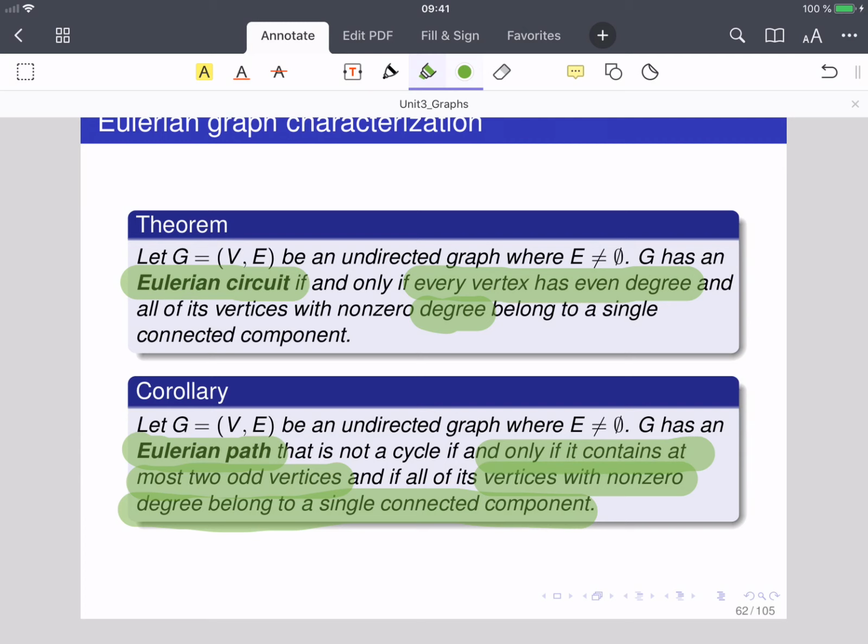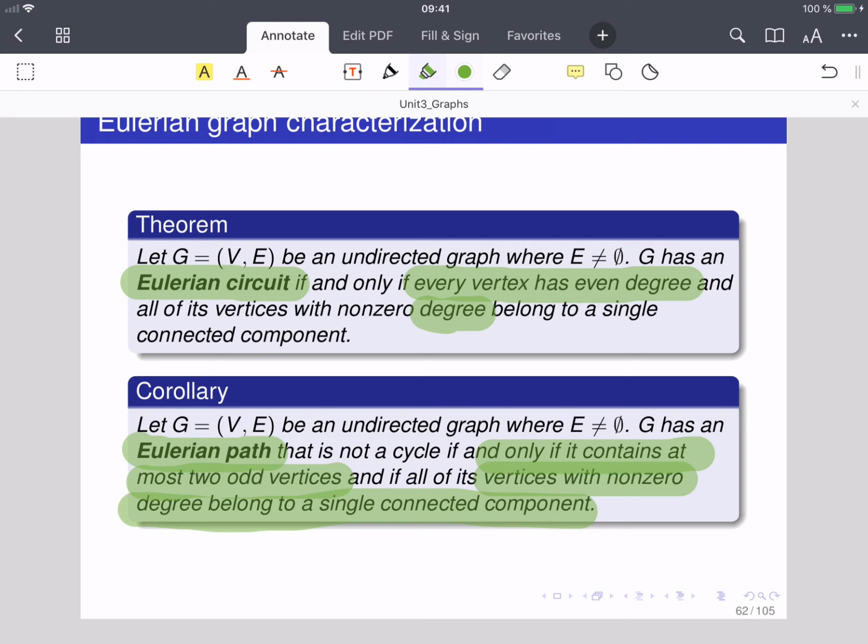then we can only have 2 cases in which we have an Eulerian graph, a graph with an Eulerian path, or cycle. That is when we have no vertices of odd degree, or 2 vertices of odd degree.